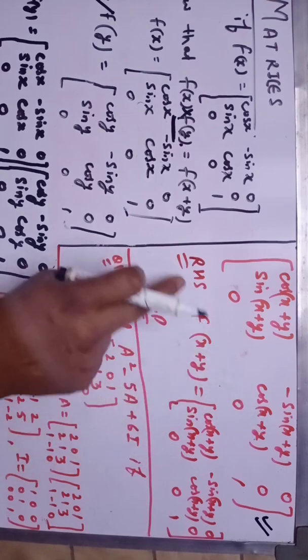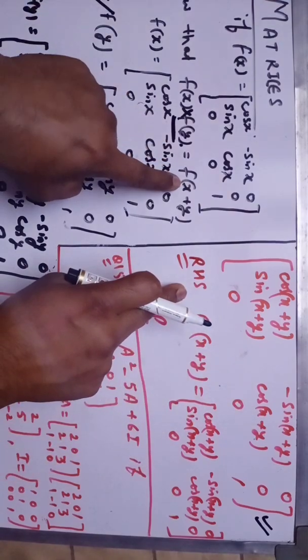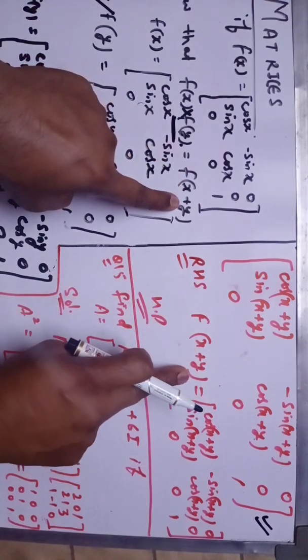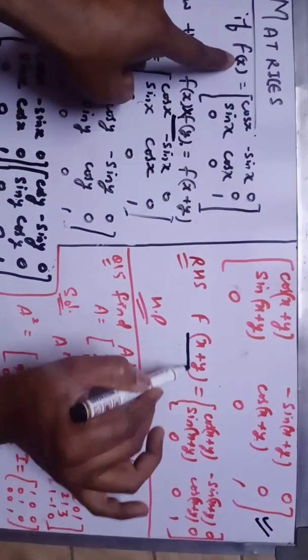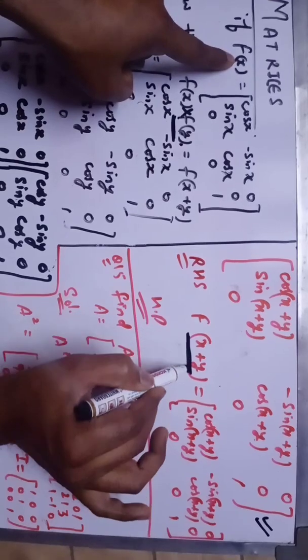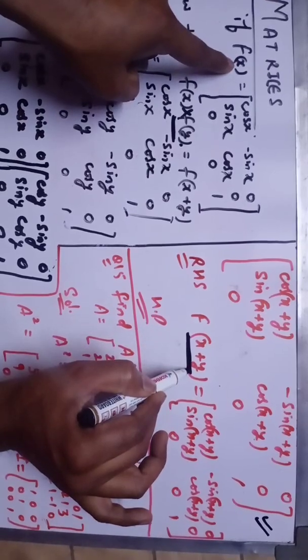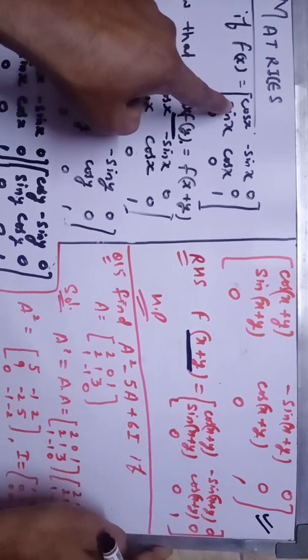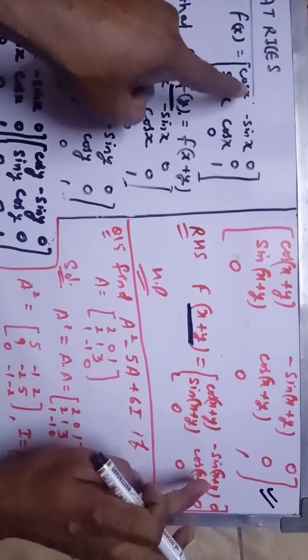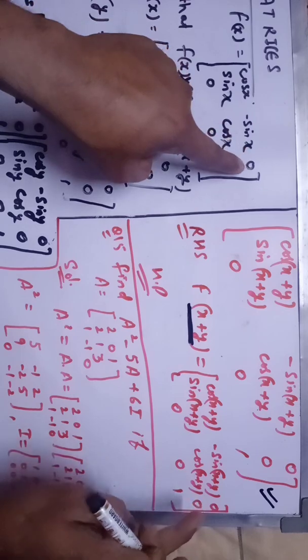And your right hand side is F(x plus y). Again F(x) is given to you, and you have to replace this x with x plus y. So at the place of x I am writing x plus y. It would be cos(x plus y), minus sin(x plus y), 0 and 0.